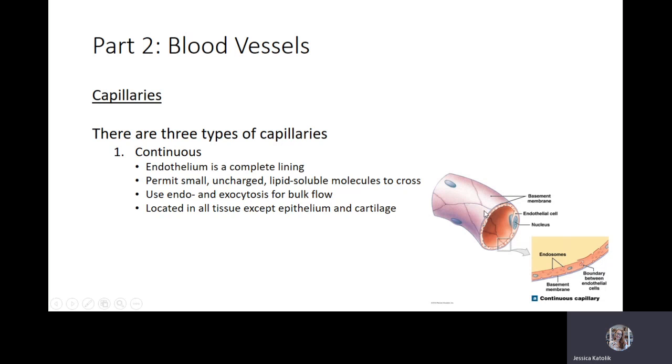And the cells are going to be tightly close together, like so, here and here, without any gaps or spaces. They'll be held together with different junctions, like tight junctions and things like that.